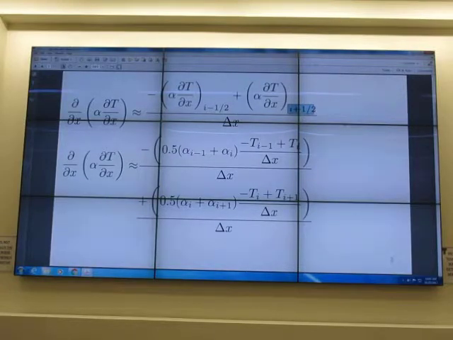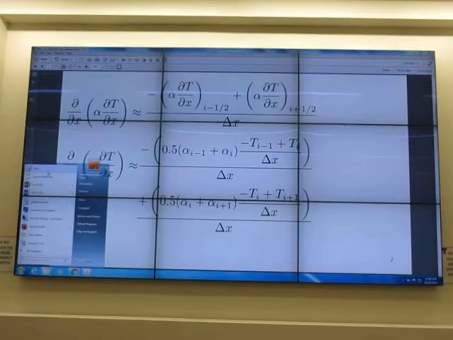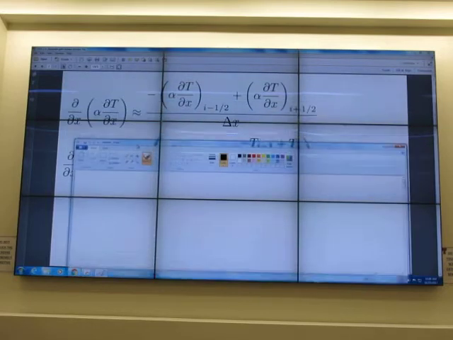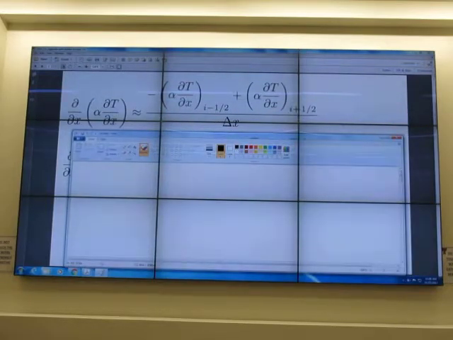So let's take a look at alpha at I minus half. Do you need a picture to understand this? Maybe a little bit of picture will help. So we have grid points like this.